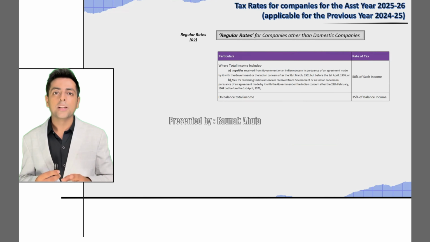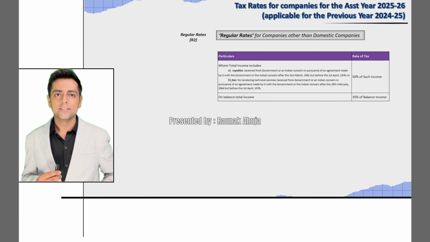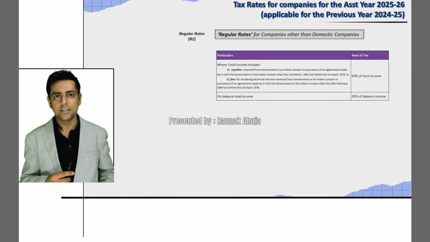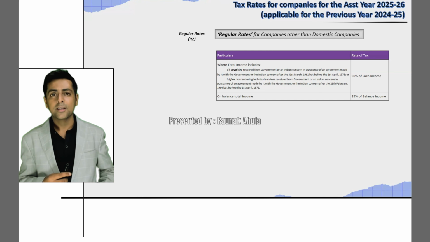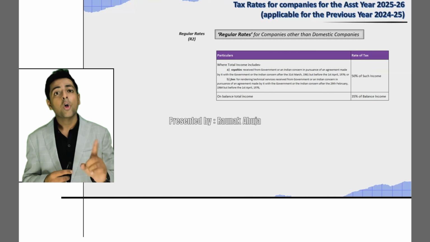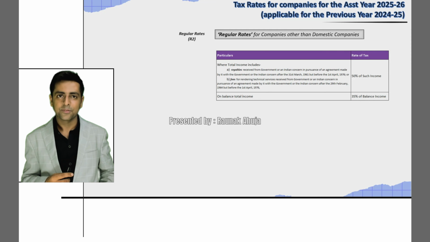Moving on to regular rates of taxes for companies other than the domestic companies, which was denoted by R2. Please note, these rates of taxes are applicable only to companies that are not domestic companies.